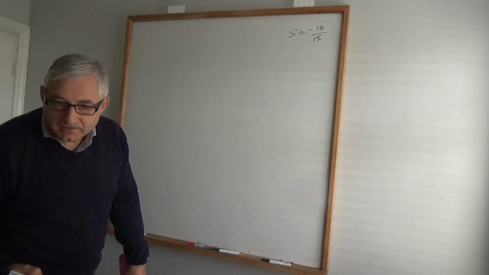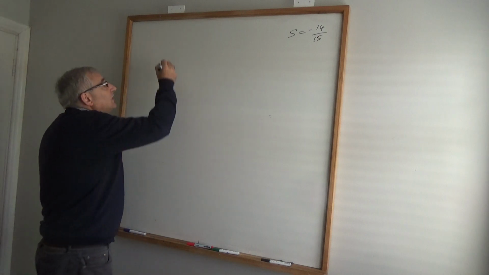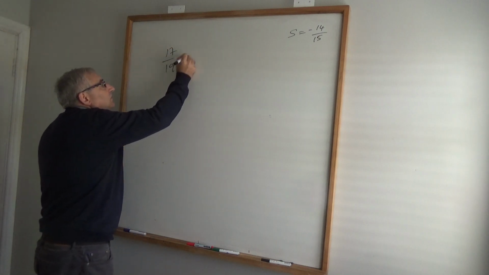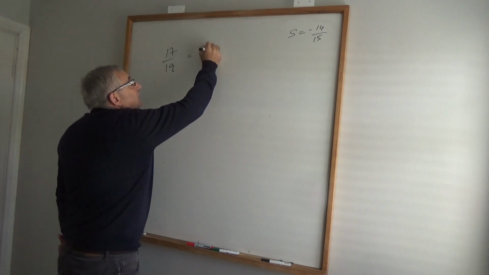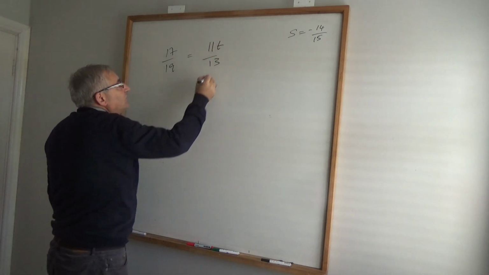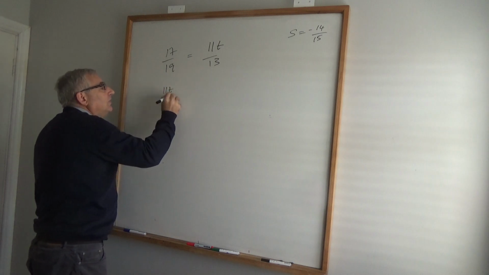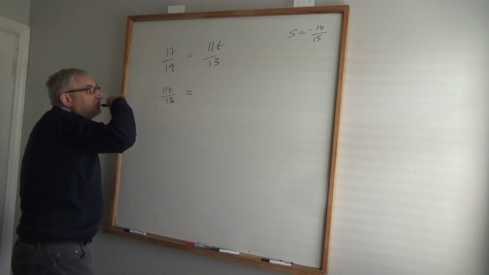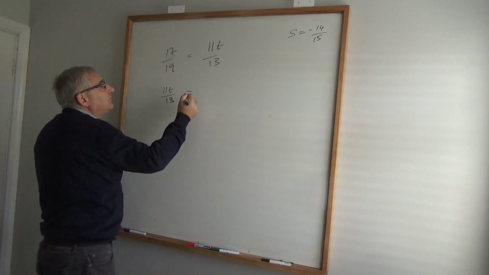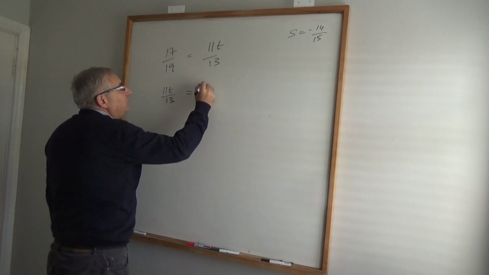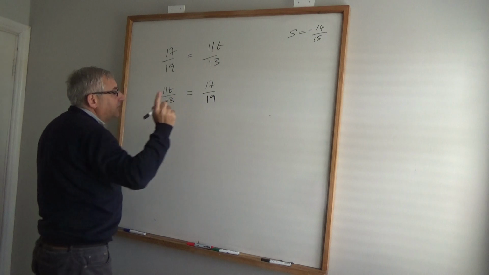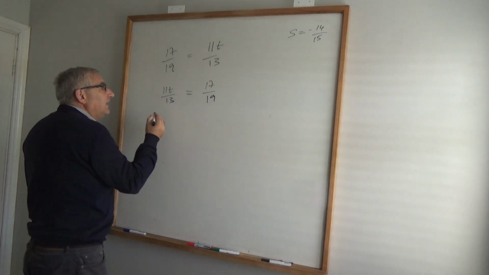Okay, now we're moving on to a question with a t in it, and it reads 17 over 19 equals 11t over 13. So these are all prime numbers, so first thing we might want to do is just reflect left to right. So we'd say 11t over 13 equals 17 over 19. And I should have done that in the previous question too.